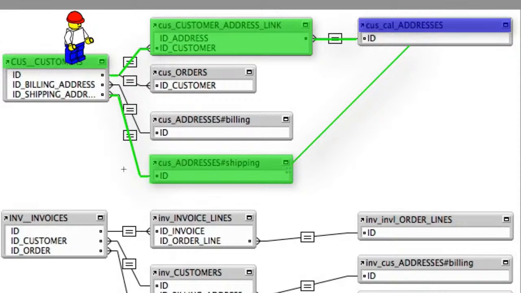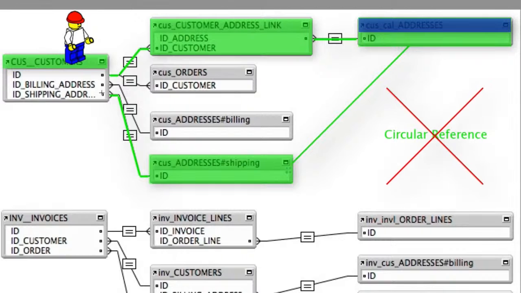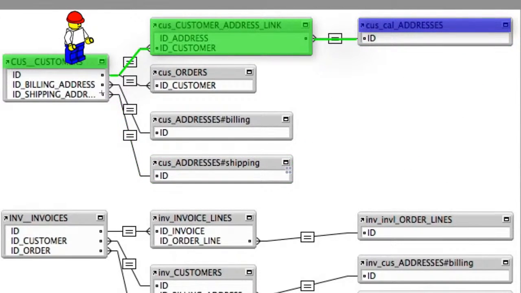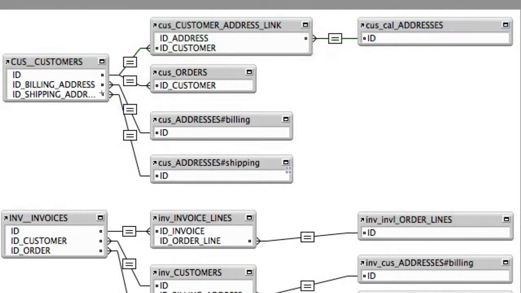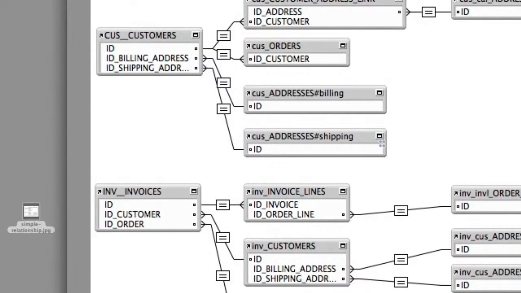In fact, strictly speaking, I could see myself by looking through one side and having it go all the way around and hit me in the side of the head. That's called a circular reference. You can never have that on a FileMaker relational diagram. So all the lines have to have a definite beginning and end. Just keep that in mind.